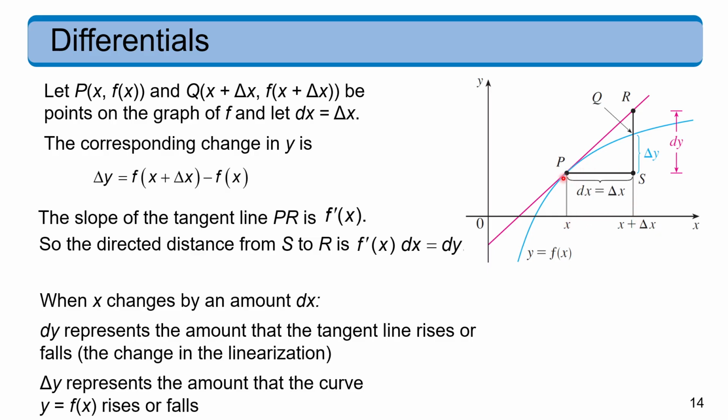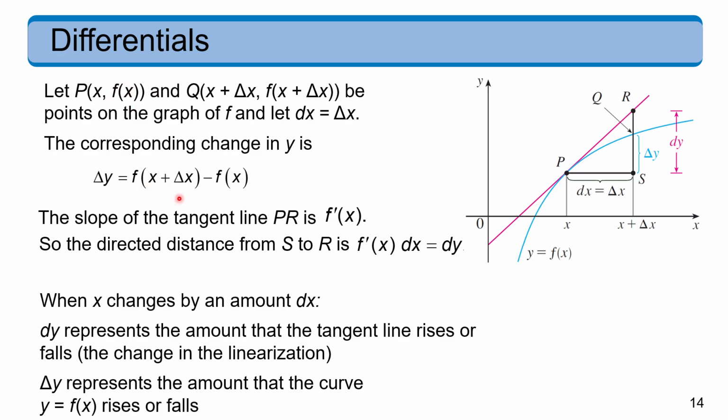So in moving from point P to point Q, this distance here is how much the y coordinates changed. And we can calculate that by taking the y coordinate of the new point Q and subtracting the y coordinate of the point P. And so we take this y coordinate minus this y coordinate, and that looks like this.